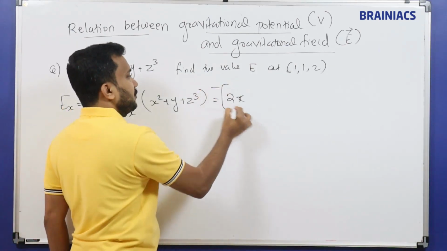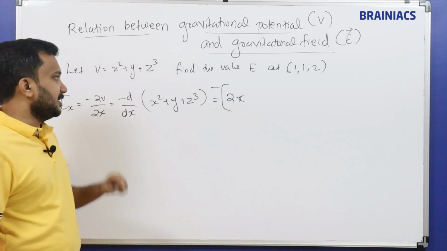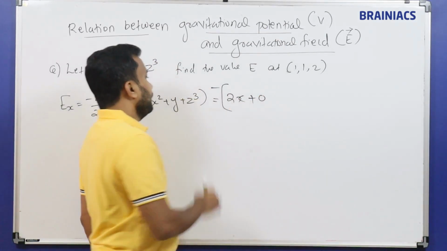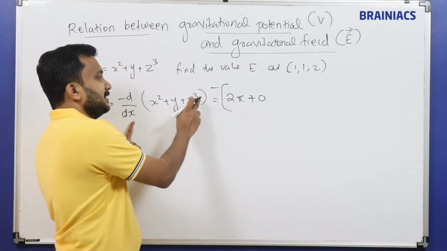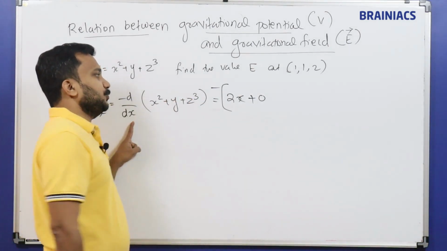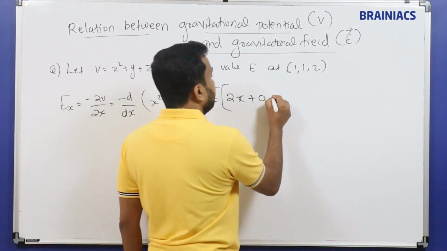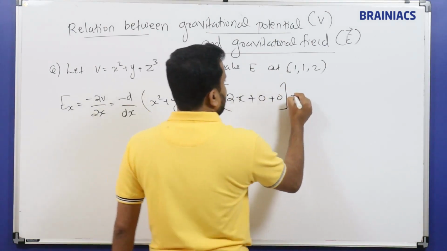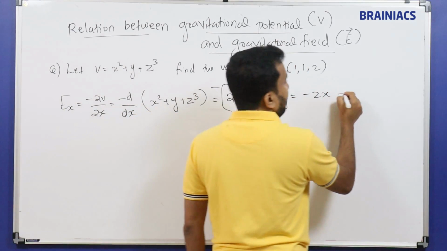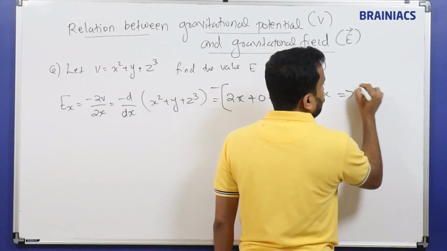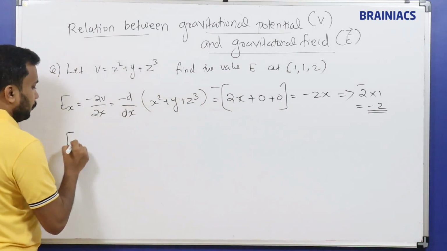So minus 2x. The differentiation of z cube with respect to x is also 0, as we are not supposed to take any z or y term. So this is done. The answer is minus 2x. The x coordinate is 1, so we substitute here: minus 2 into 1, which is equal to minus 2.